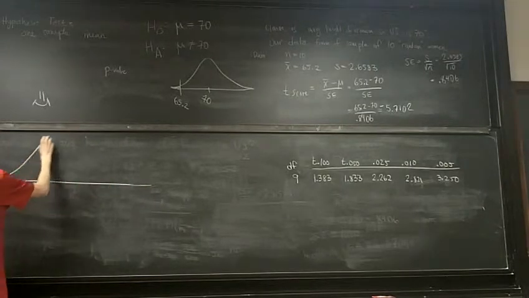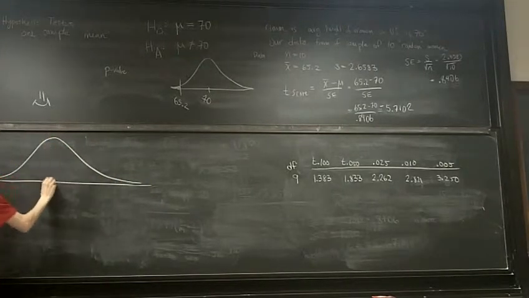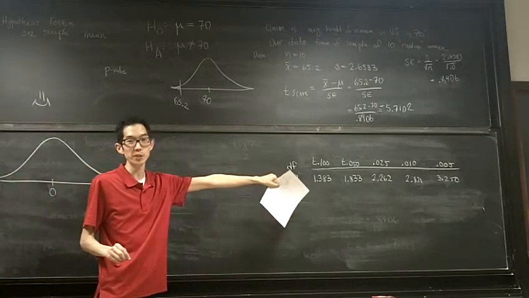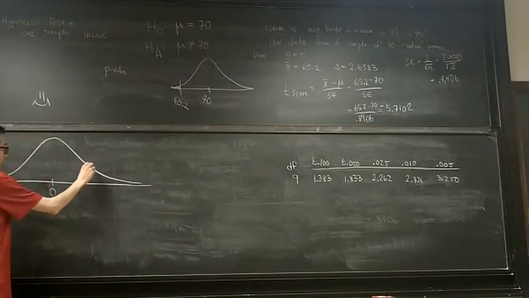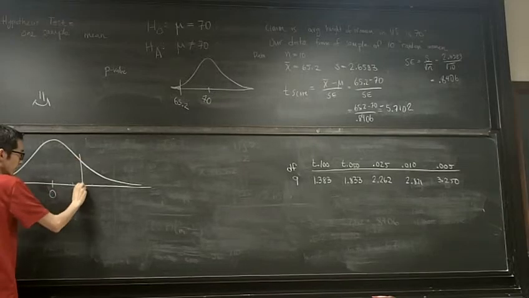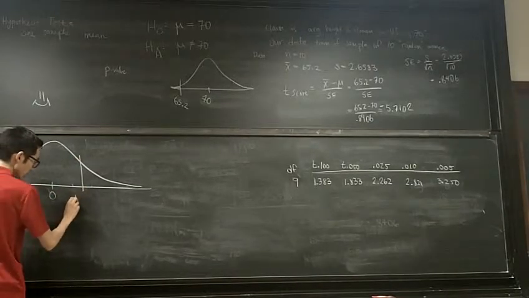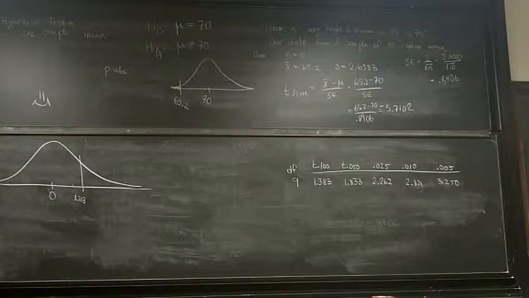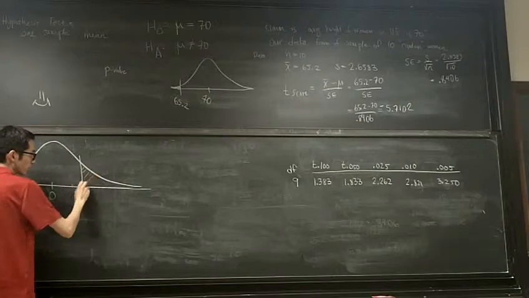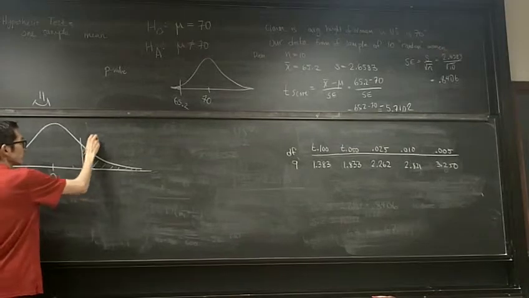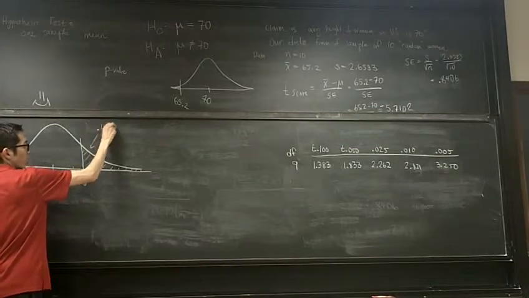So in the center, I'm going to put the number 0. The mean is 0. And what this says is if I've got 9 degrees of freedom, and I draw a cutoff line at 1.383, and I shade everything to the right, the amount that's in this tail is going to be 10%.